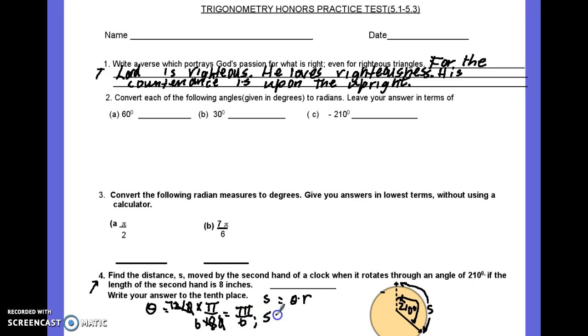And now s, the distance we need, is going to be 7 pi over 6 times the radius, and they tell us here that the radius is 8 inches. And since radians have no dimension, our final answer will be in inches.